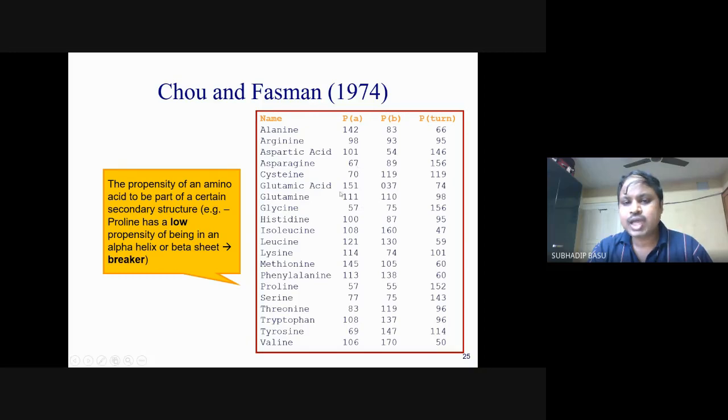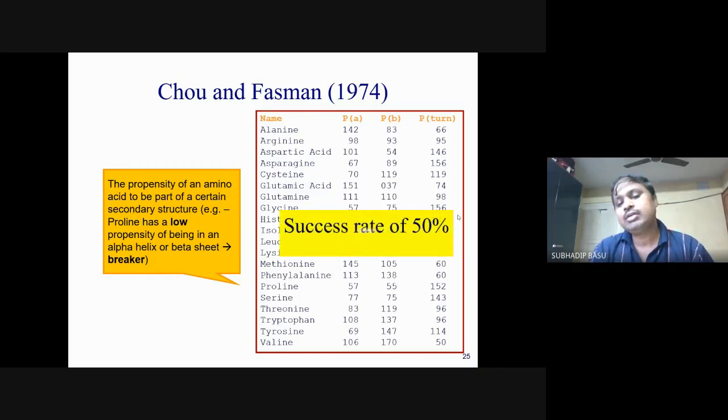Similarly, glutamic acid has a significantly high propensity to become an alpha helix rather than a beta sheet. Asparagine has a very high propensity to become a turn, just like glycine. These were his observations, and he started to build a model on that.